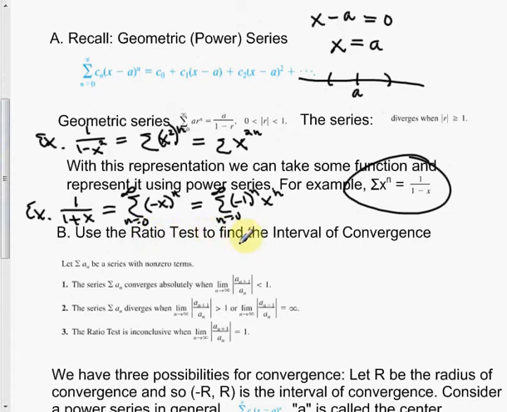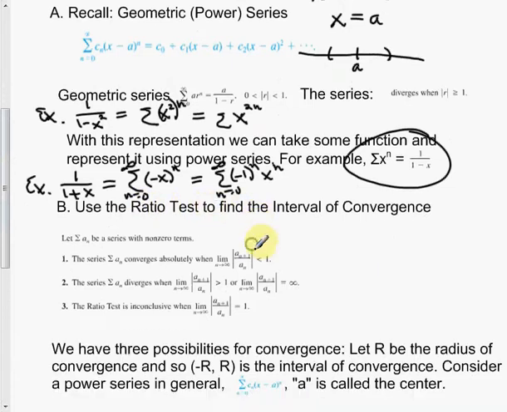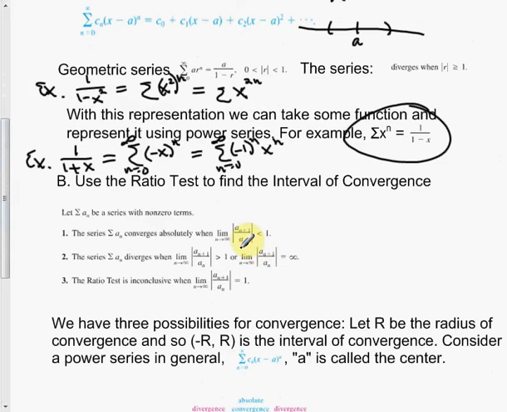Use the ratio test to find the interval of convergence. Here we've just put in from Calculus 2 the ratio test: the summation is said to be convergent absolutely if the limit of the absolute value of the ratio of a sub n plus 1 divided by a sub n is less than 1.